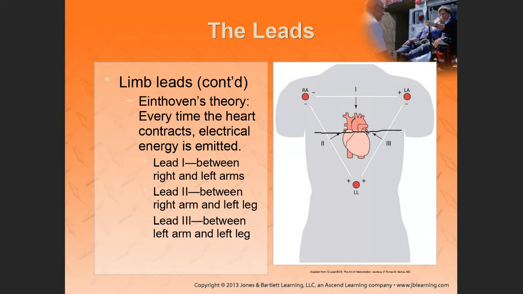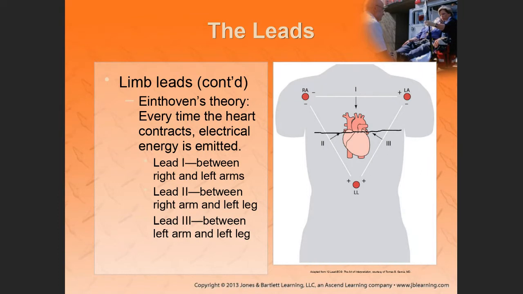And they're referred to as bipolar limb leads because they have negative and positive. Now, wherever the current starts from is negative, wherever the current ends up is positive, right?